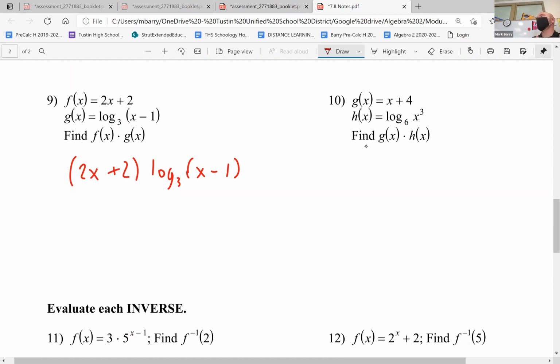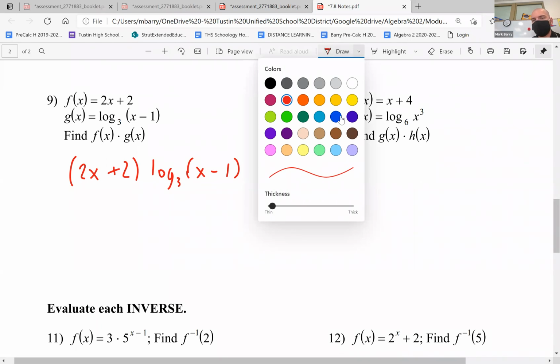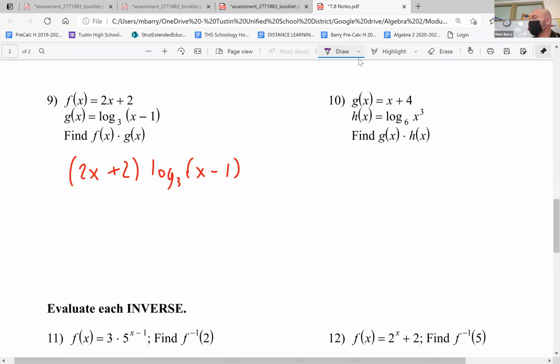I'm actually kind of okay with how that's written, but there is actually a different way we can write this. That is how the answer key wants us to write it, which is, remember we said when there's a number out front, you can make that an exponent inside of the log. Well, even if it's not a number, we actually can still make it an exponent inside the log.